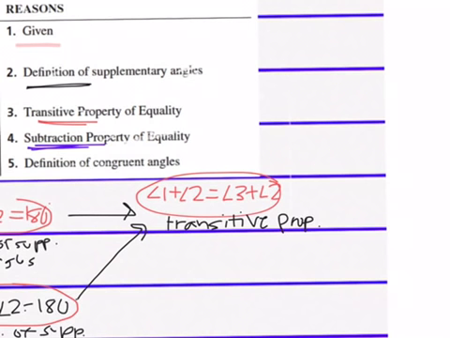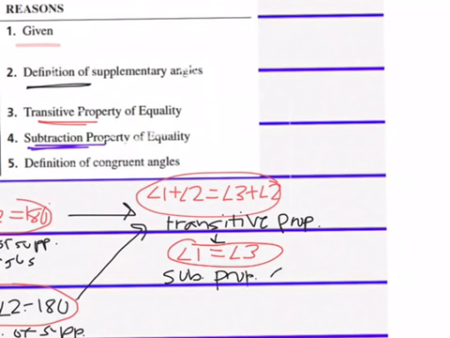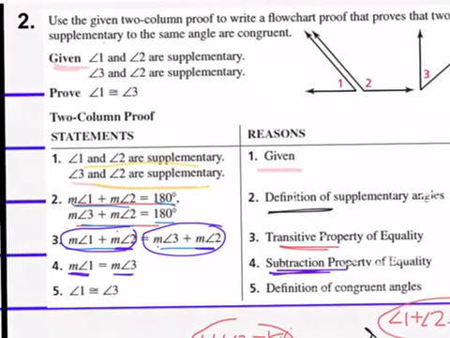So I'm going to say that angle 1 is equal to angle 3. We're on the equals here. And that is the subtraction. Let me draw my arrow. Draw my circle. Subtraction property of equality. And then lastly, you always want to end with what you were given. All right, what were you given? Let's go back and check.